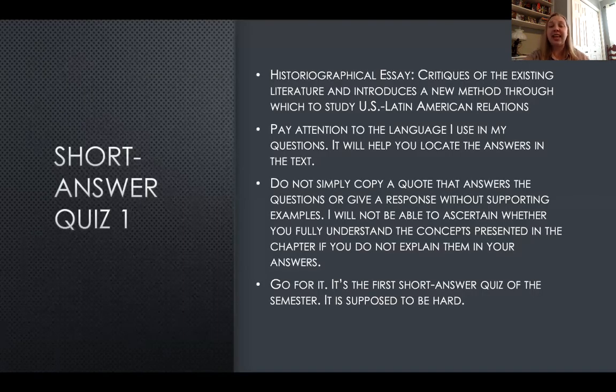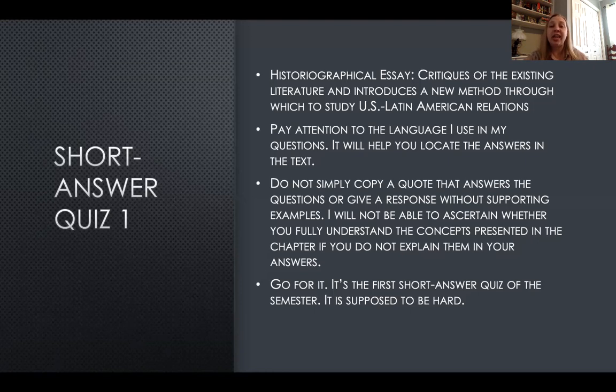I do want to say a few comments about your short answer quiz one. This essay by Joseph is not like many of the others you will read this semester. It is not based on primary source research.